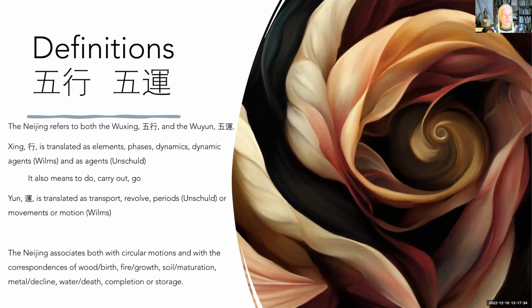And this yun is translated as transport or revolve, or Unschuld translates it as the 5 periods, or as movements or motion. But there is a sense of circular motion with the character yun.